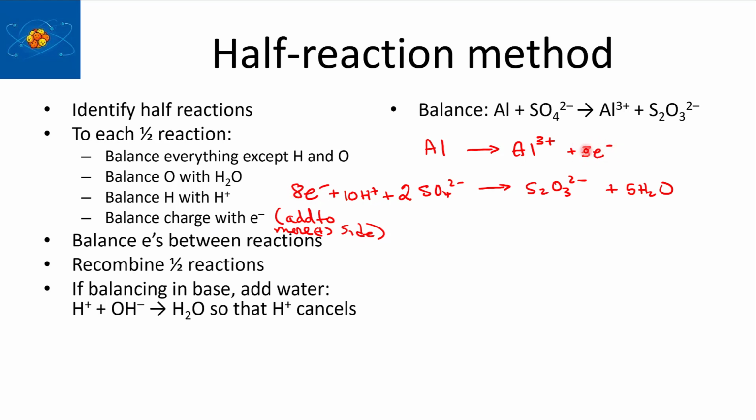And so the closest I can get is by multiplying the top reaction by 3, or 8, sorry, and the bottom reaction by 3. So in order to do that, I'm going to go like this. I'm basically cross-multiplying the same way you find formulas for compounds. We're going to do that with the electrons in the half reaction.